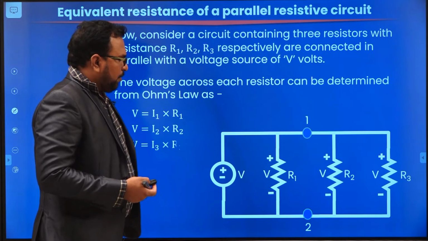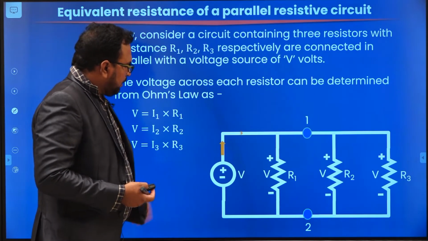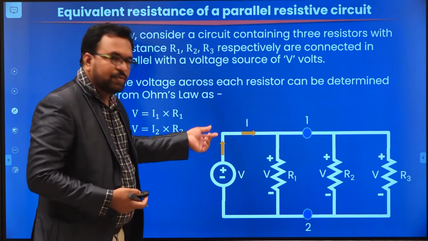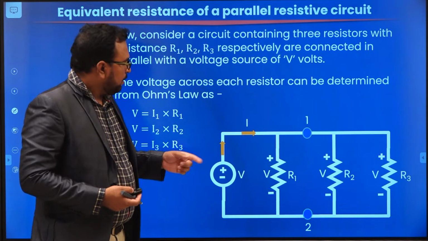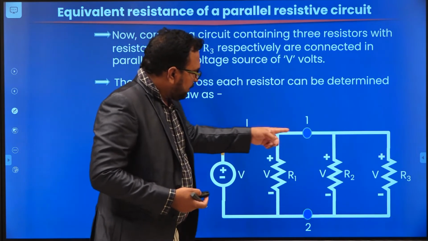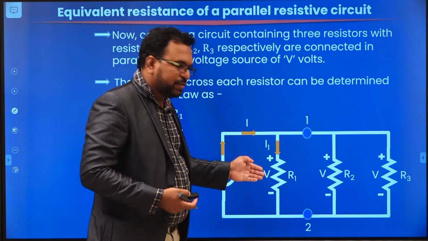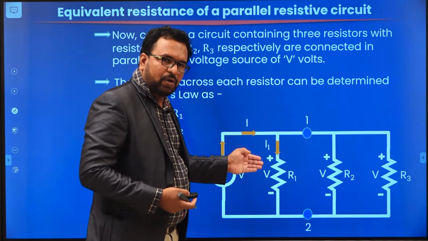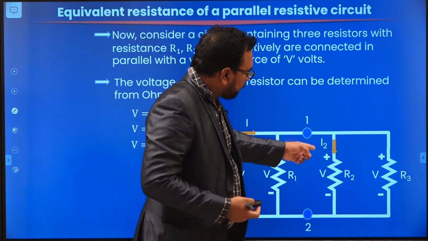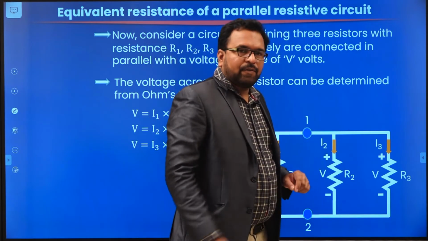So I am going to assume the current coming from the source as I. This current at this node 1 will divide. Assume that I1 is the current flowing through R1, I2 is the current flowing through R2, and I3 is the current flowing through R3.